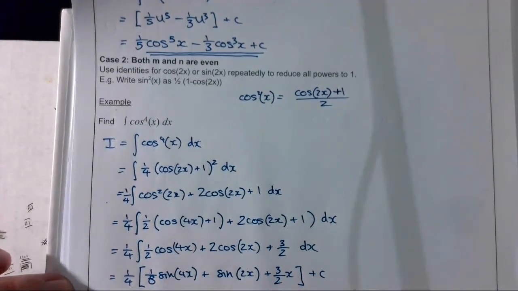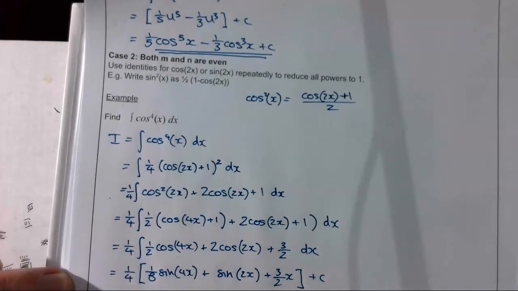So just expanding, 1 over 32 sine of 4x plus 1/4 sine of 2x plus 3 over 8, using the coefficient at the front, x plus c, and that's our final answer.